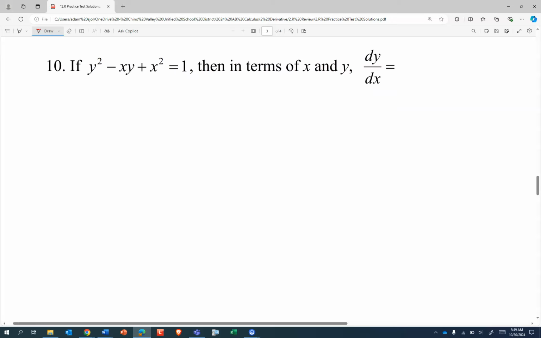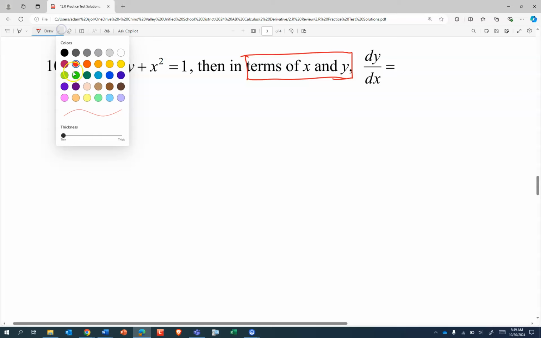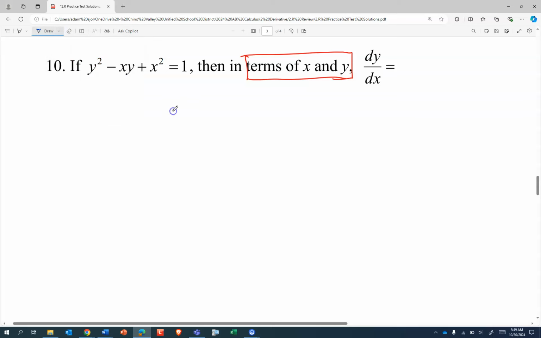All right, so if y squared minus xy plus x squared equals 1, then in terms of x and y, dy dx equals. Why does it say in terms of x and y? Because you're allowed to or expected to have x's and y's in the derivative, not just x's like you're used to. So we should be doing implicit differentiation.